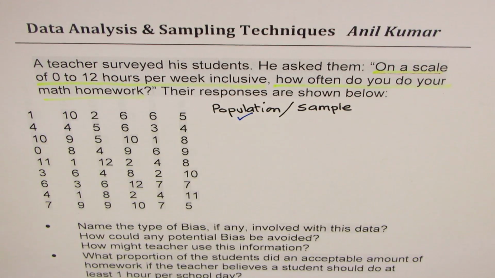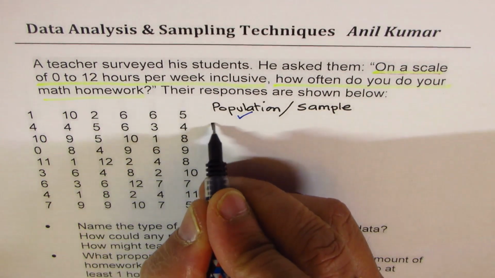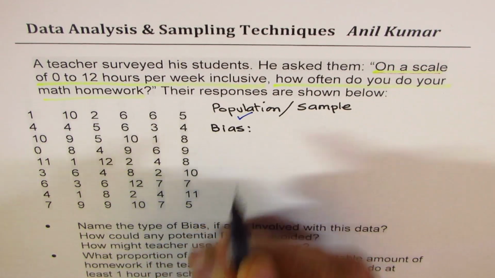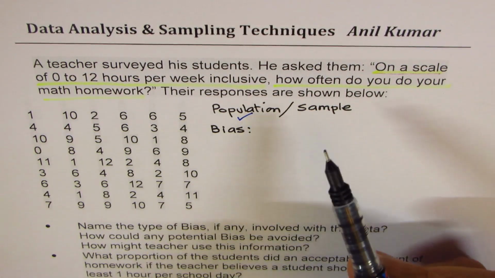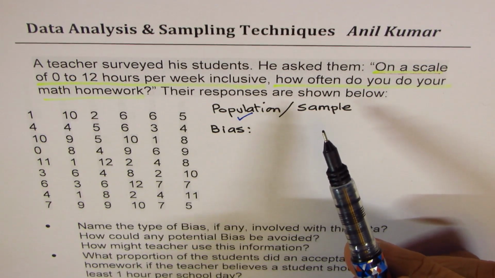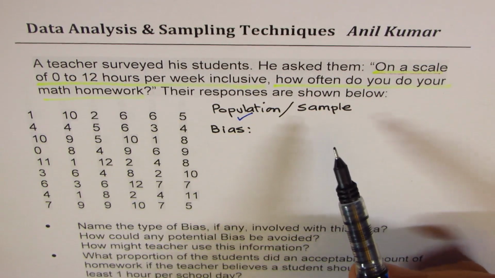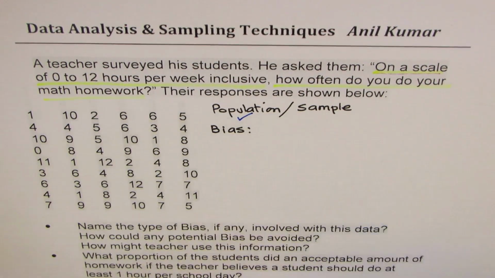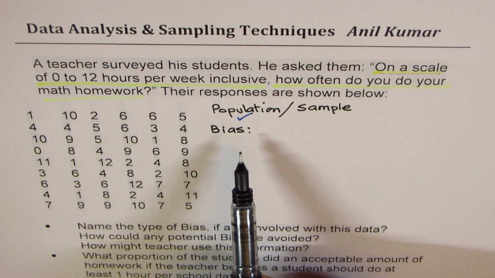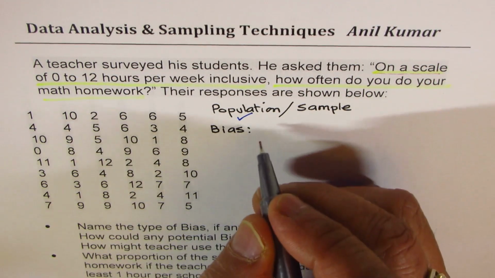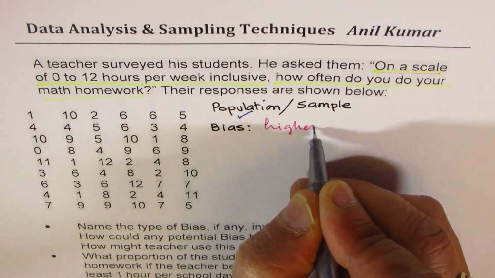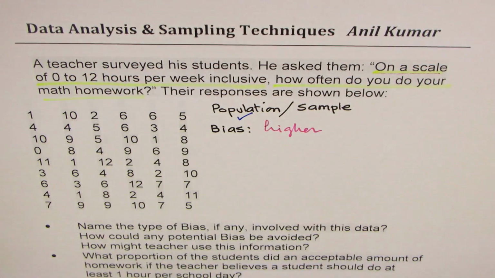Now let's talk about the bias. So what do you think? Is there any bias or not? You know, the students may not be frank enough. When the teacher is asking a question like how many hours do you study, those who don't really study won't say we don't study, right? They will say at least a couple of hours a week, right? So the data will be skewed towards the higher side.